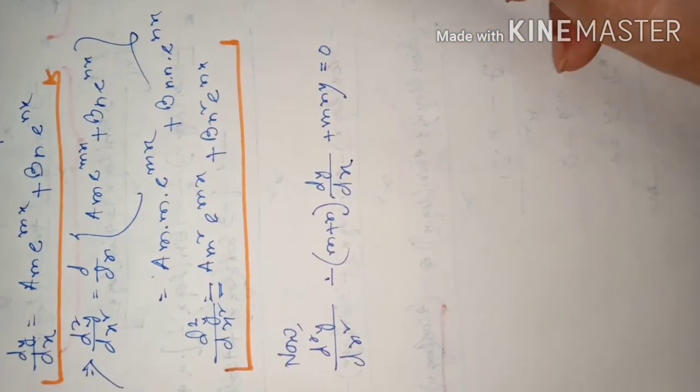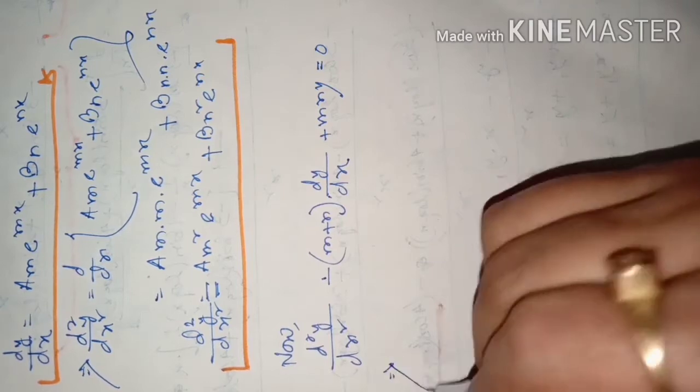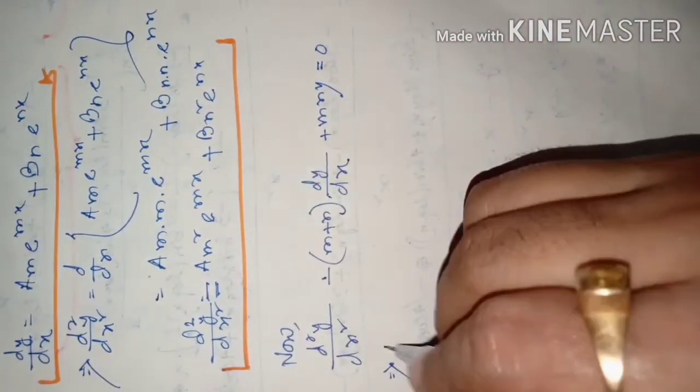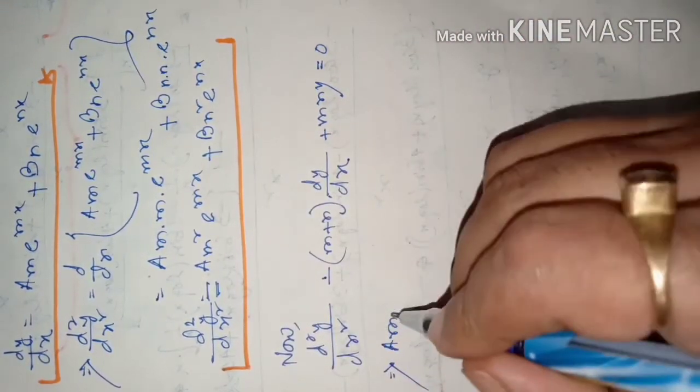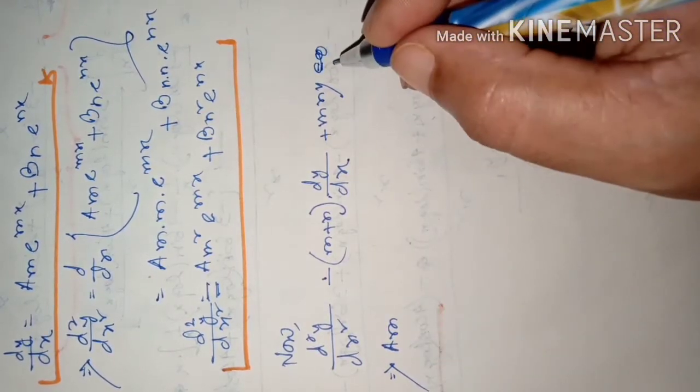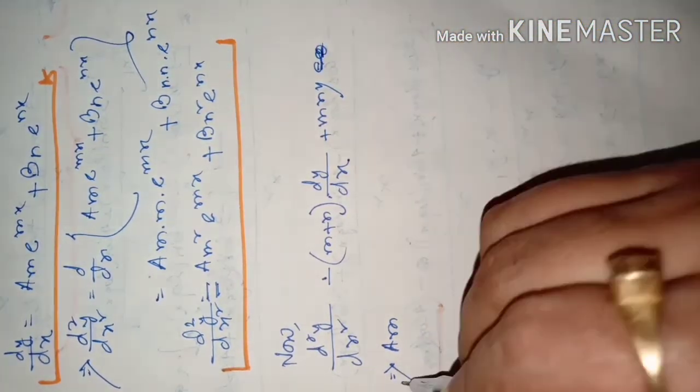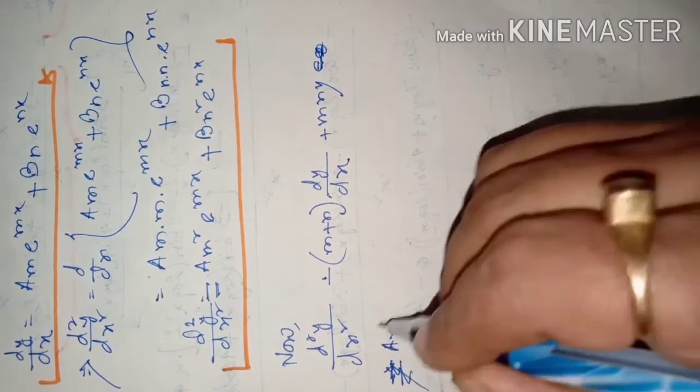So d2y by dx square, this expression you write here: a m square. We have to show it as equal to 0, no need of writing equal to 0 now, we are just trying to show that it is equal to 0.